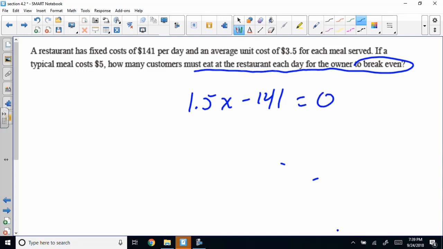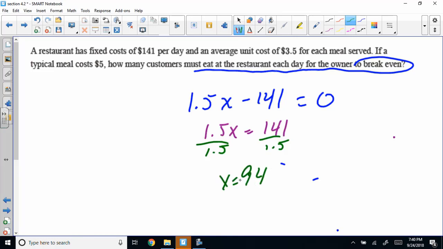So profit 0, right? So if I move this over to the other side, I get 1.5x equals 141. And if I divide both sides, ladies and gentlemen, by 1.5, 141 divided by 1.5 is 94 customers. Right? 94 customers.